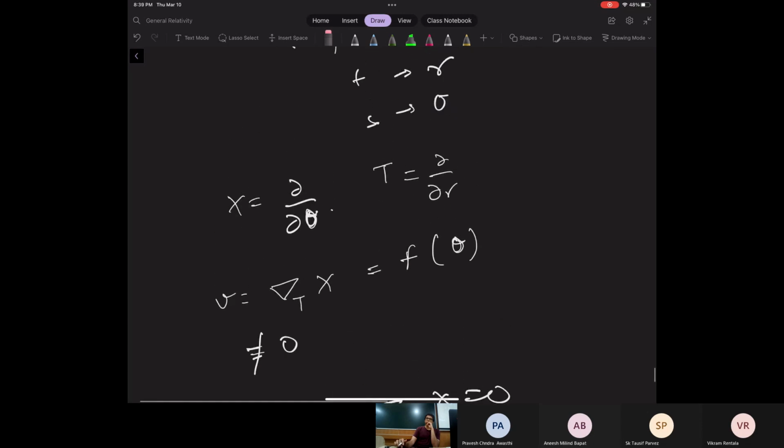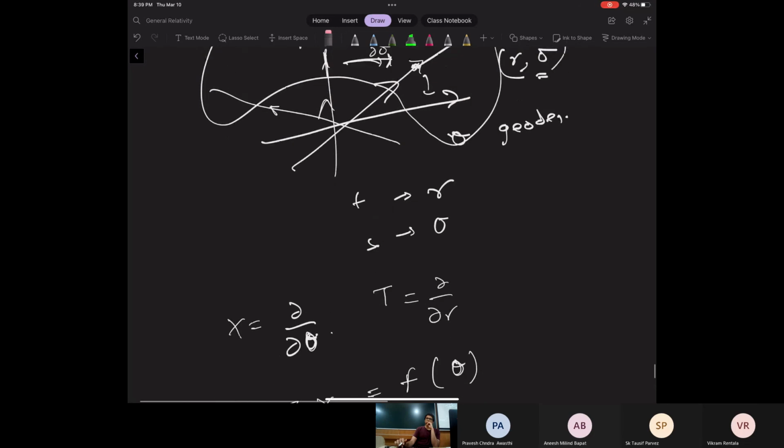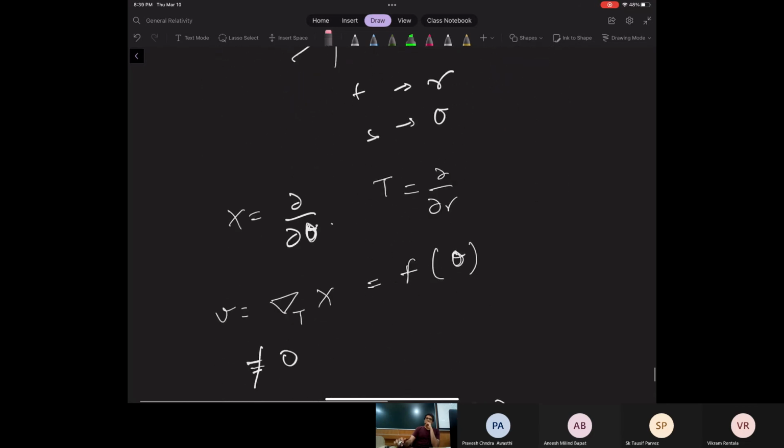I don't see why V should change now. But that's not required. Yeah, I would expect it to change with R and not with theta. If you show it doesn't depend on R, I think it should just be constant. Actually, it's not true that it won't depend on R, right?